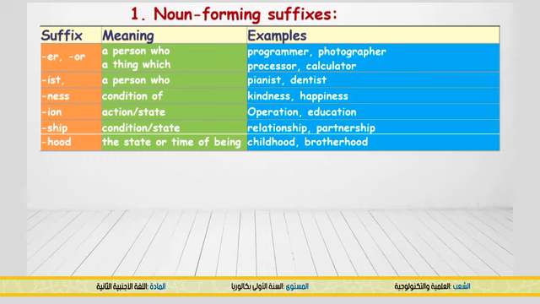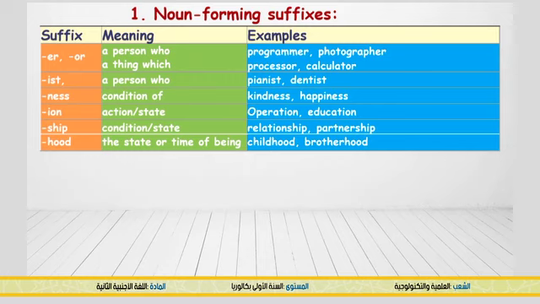I repeat, programmer, photographer, processor, calculator. You notice that these words end in ER or OR, and they describe people who or things that do things.